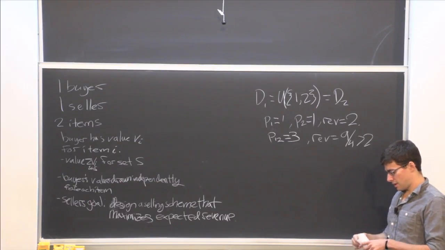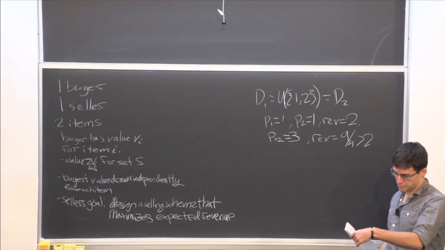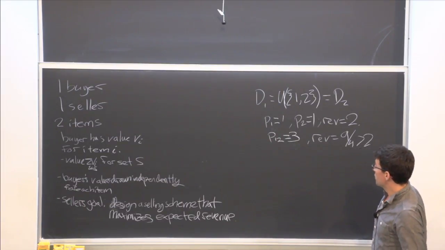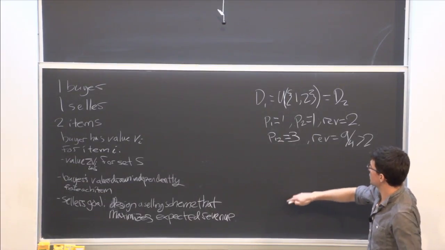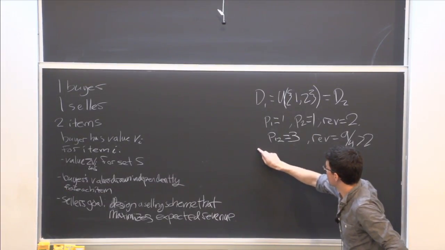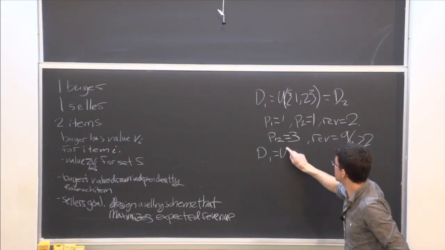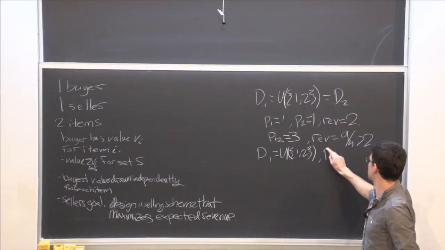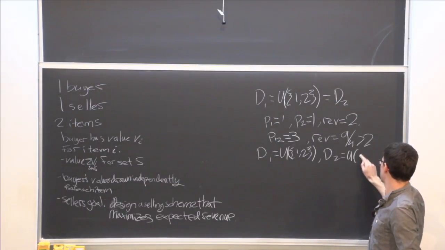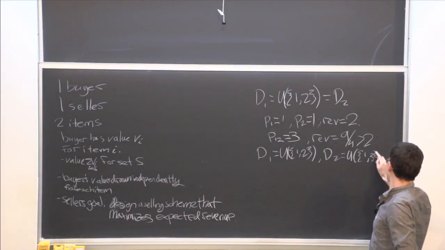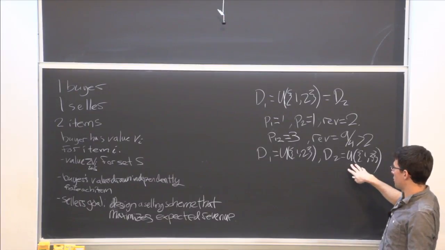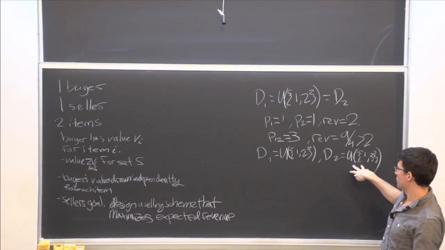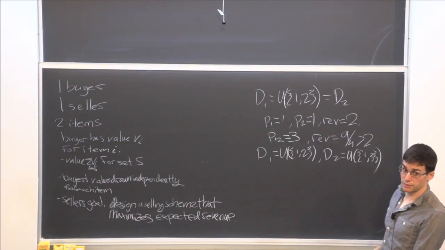Okay, so the next example is that you might need to use randomization. So let's change this a little bit and now say the distributions aren't identical and the second value is drawn from uniform 1, 3.